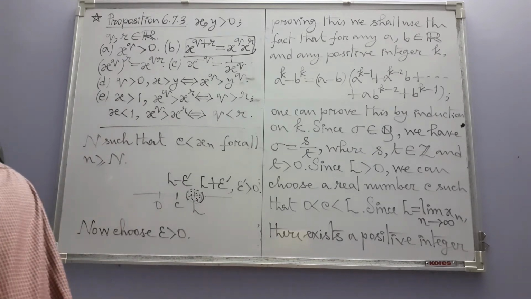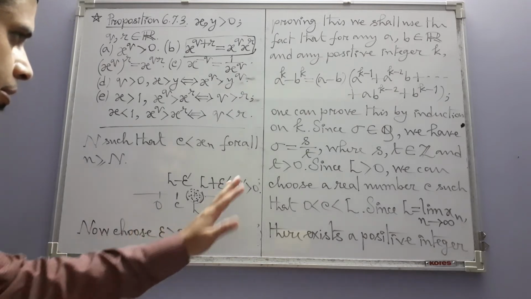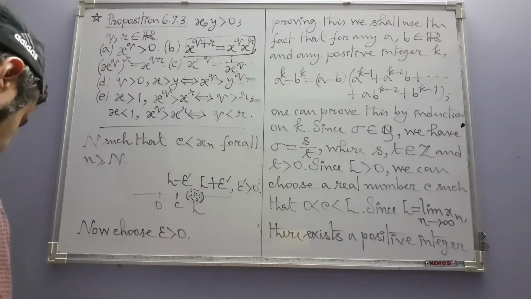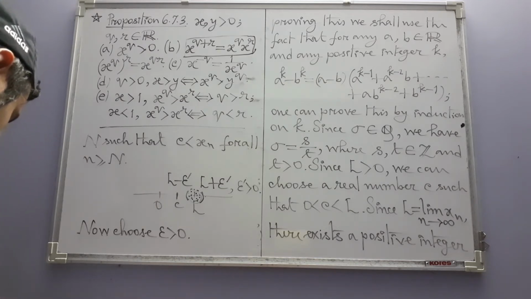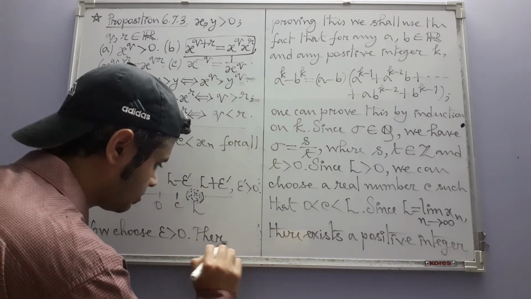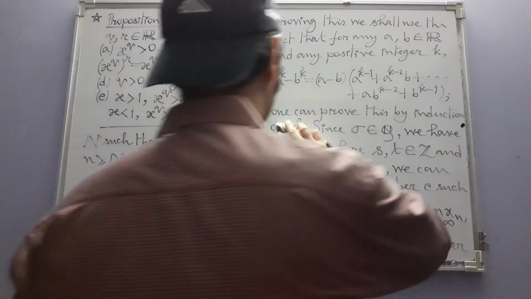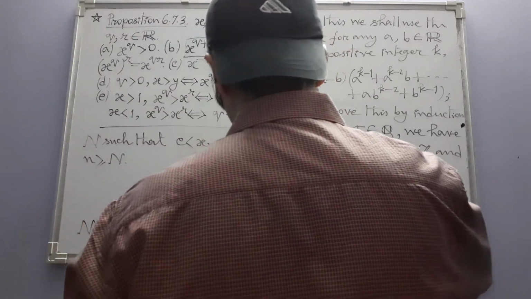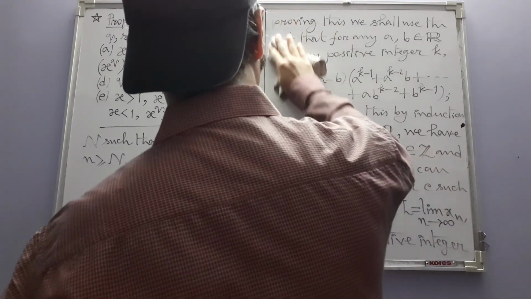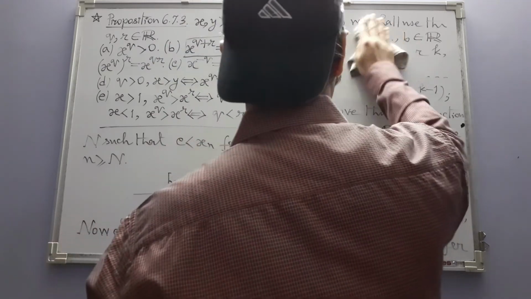Epsilon is not restricted in any way and is not related to any of the quantities we have seen so far. Then for this epsilon, there exists a positive integer. Again we are going to use the fact that L is the limit of the sequence xn, but in a different way than this one.